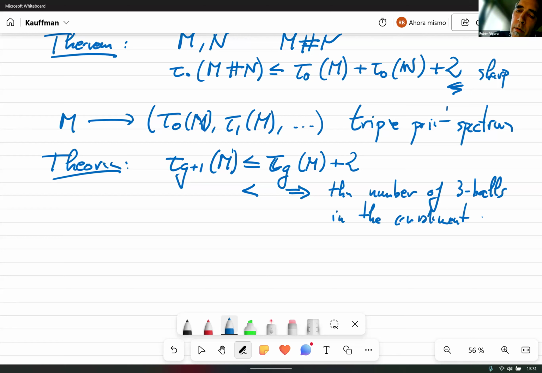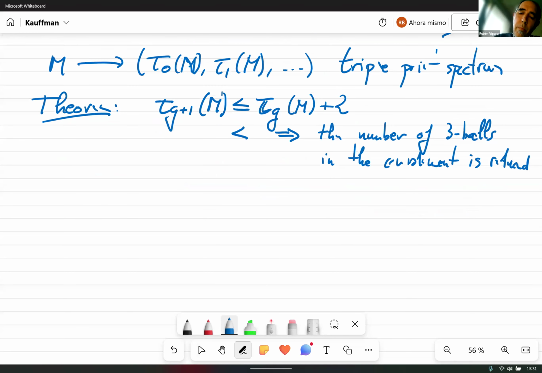This inequality comes from the following construction.